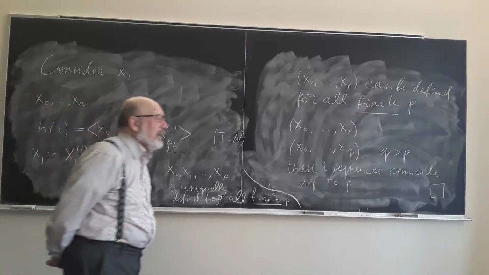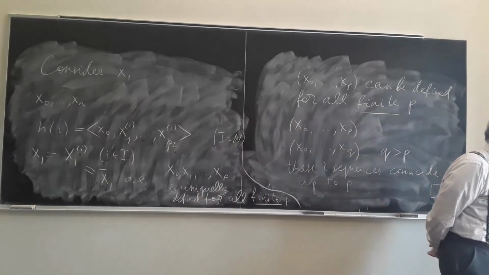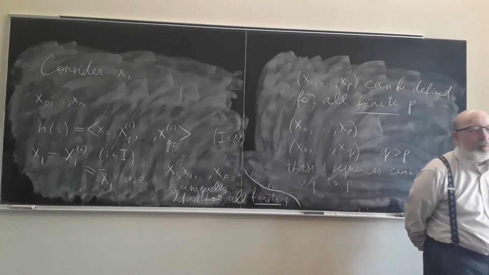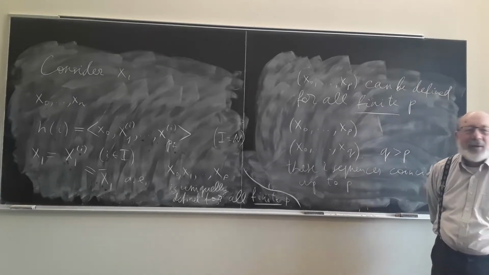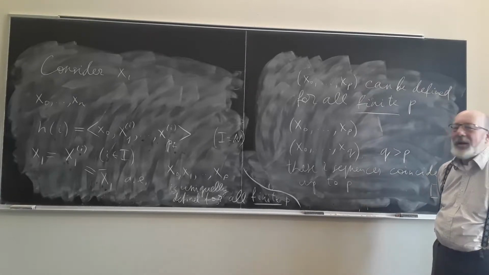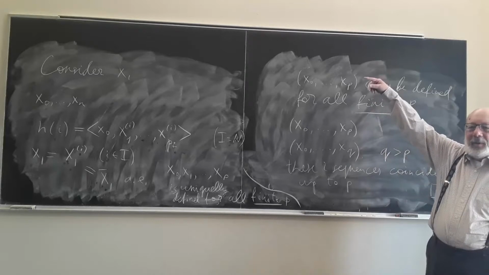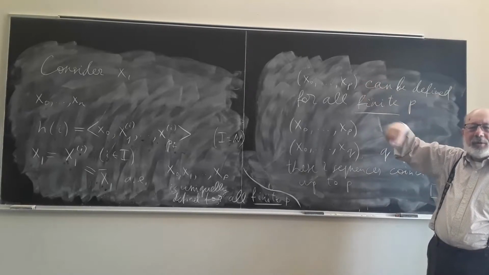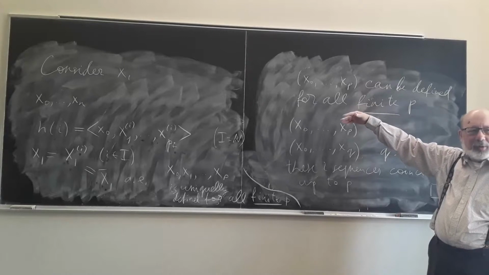But in fact, it all again boils down to a lot of choices which were made in the construction of the ultrafilter, this infinite number n, and for any finite n we found some path of length n. It is also more or less arbitrary, so it depends on a lot of choices.